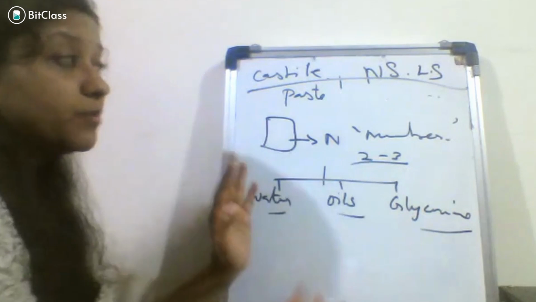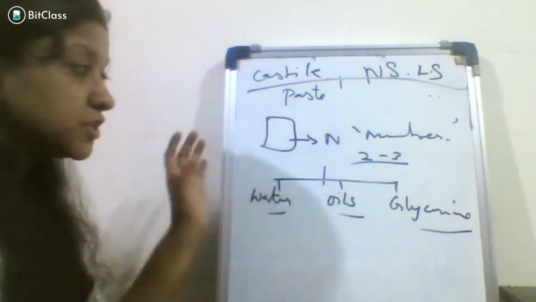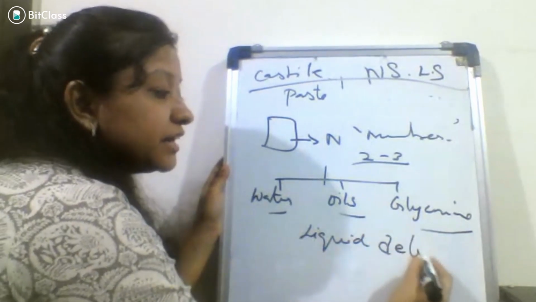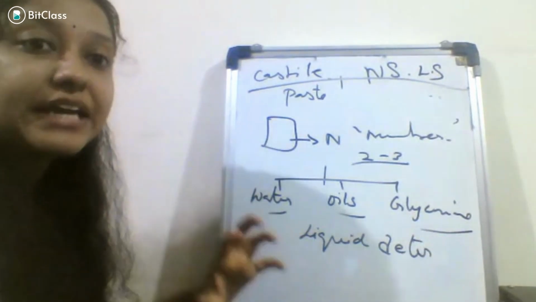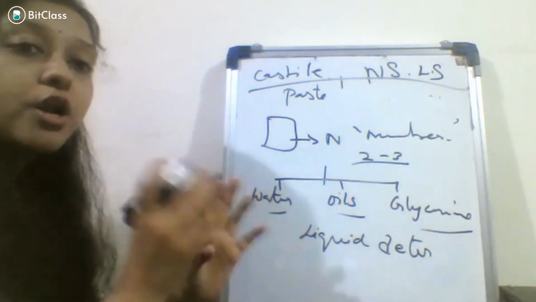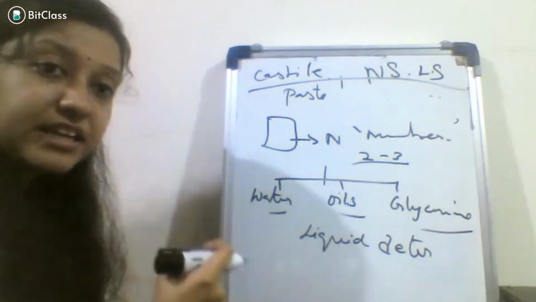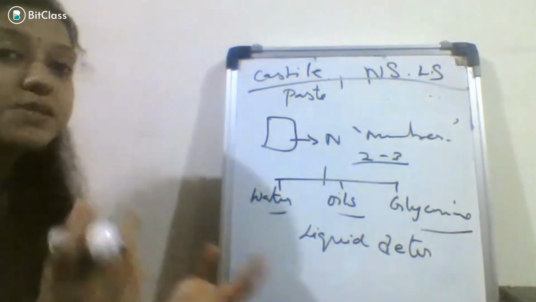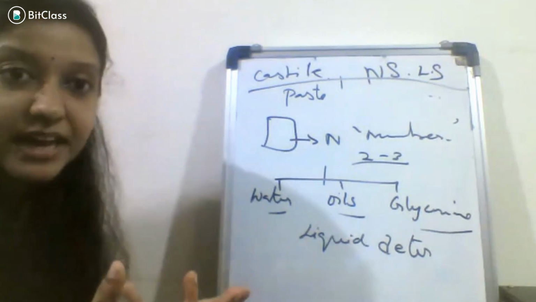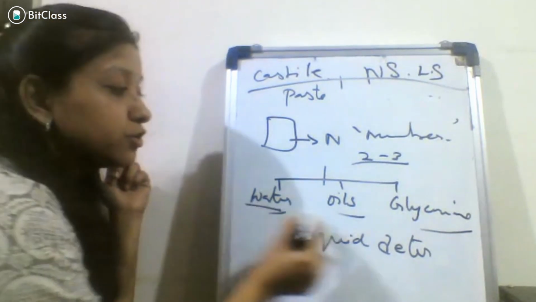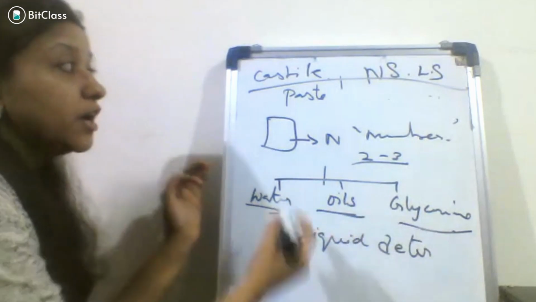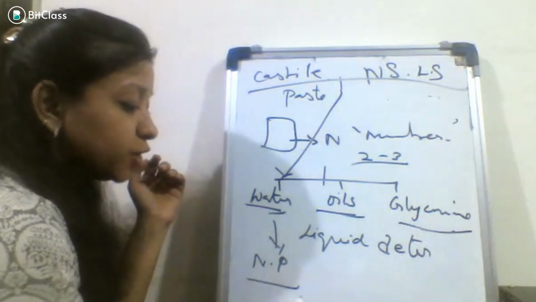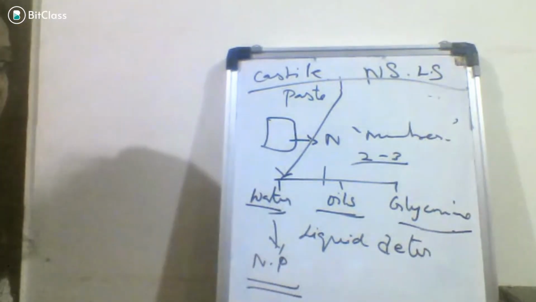So what all formulas can come from a Castile soap: you can create liquid detergents, detergent for laundry, vessel washing detergent, all your home care products, glass cleaning liquid, plant sprays, ant spray. For that you should know what to mix it with. During mixing we will be adding certain natural preservatives to preserve the product. Only this much will happen.